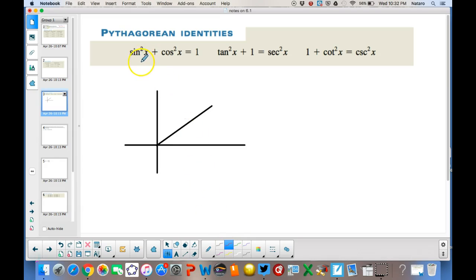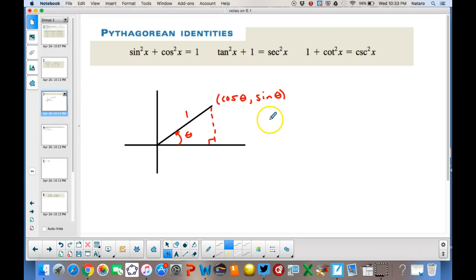And if this kind of looks like a squared plus b squared equals c squared to you, then you're on the right track, because that's where this Pythagorean identity comes from. It comes from the fact that if we talk about a point on the unit circle, talk about sweeping out this angle in standard position, we know that the point has an x-coordinate of cosine and a y-coordinate of sine, and we know that the hypotenuse of this right triangle will be 1.